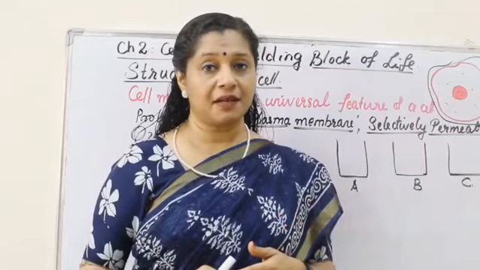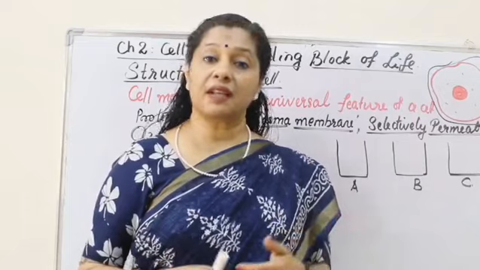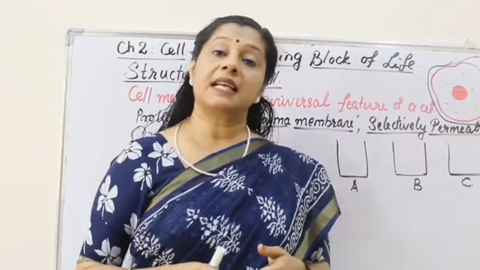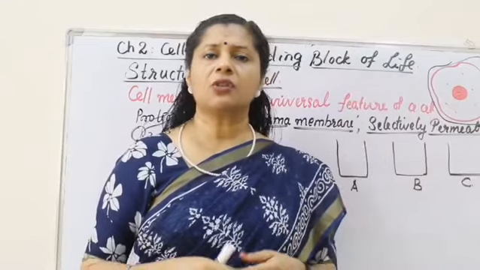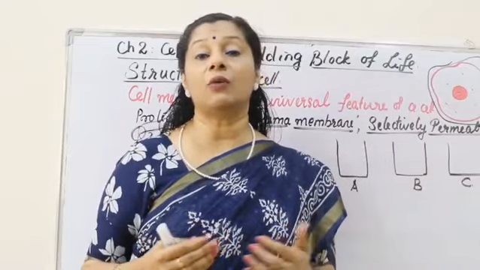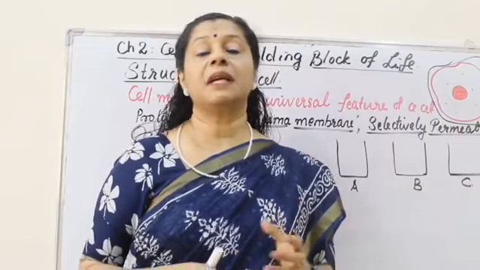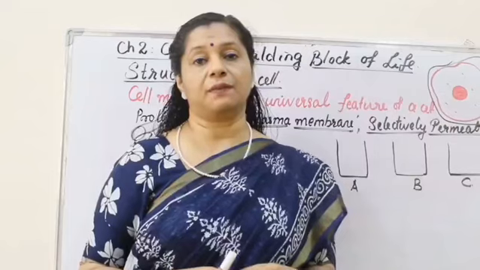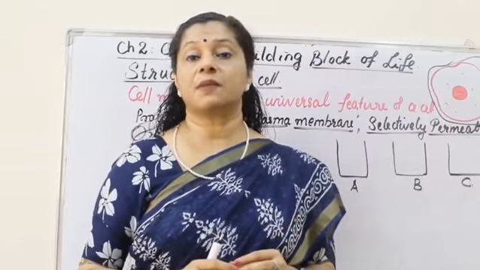Third, nutrients. The cells need nutrients because it is living, so the nutrients have to come inside. And cells produce a lot of waste. The waste also should be eliminated. So there are so many things going in and out of the cell. How can these substances move? It is mainly because of diffusion or sometimes osmosis. Let's understand these concepts well.